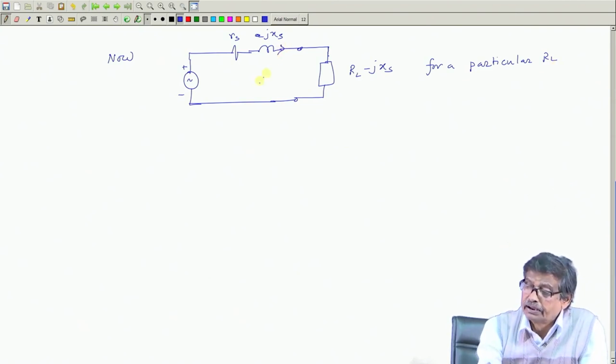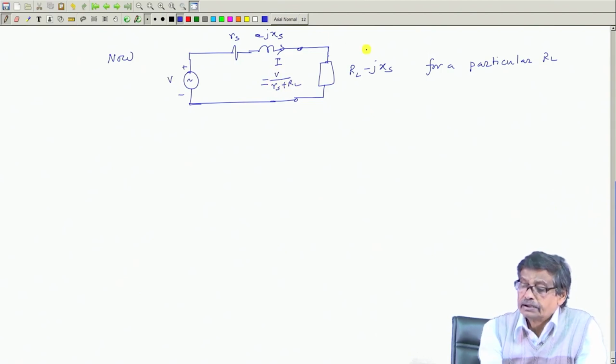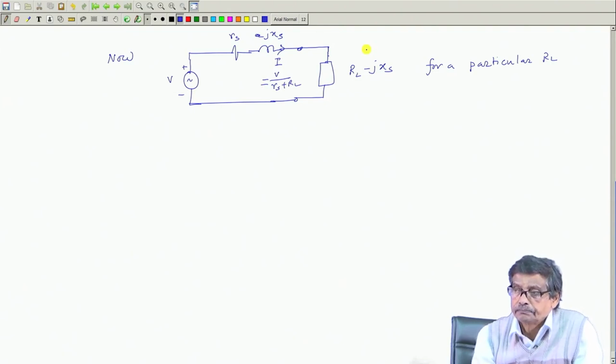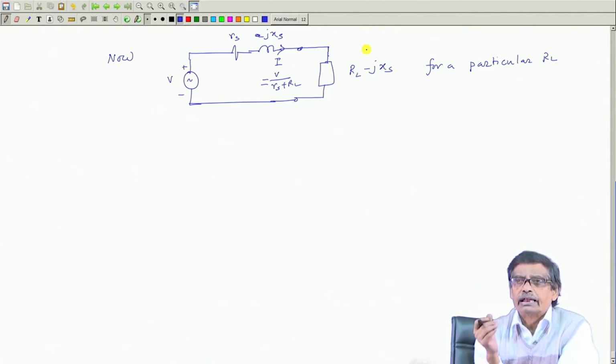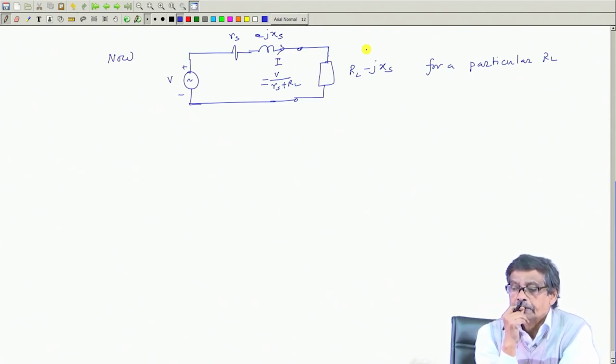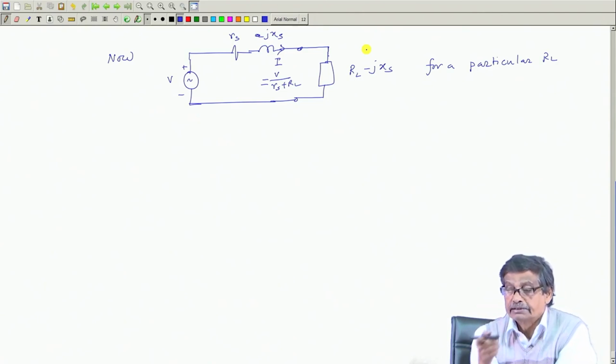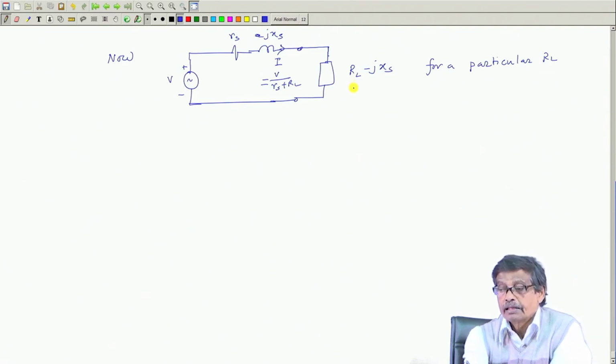So, for a particular RL, if this is the thing, current will be this voltage divided by RS plus RL, is it not, under this scenario. No matter what, suppose you choose RL equal to 5 ohm, I will say maximum power will take place in this RL equal to 5 ohm, provided the load impedance is 5 minus JXS.